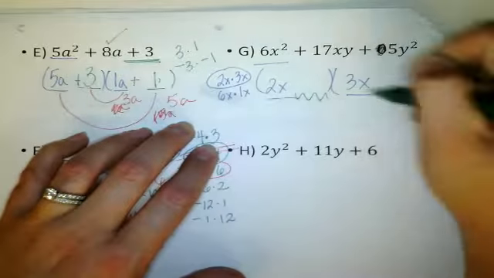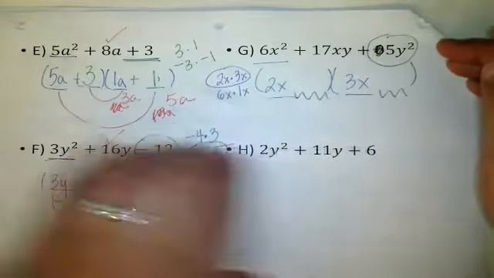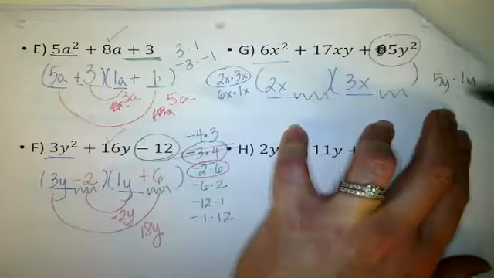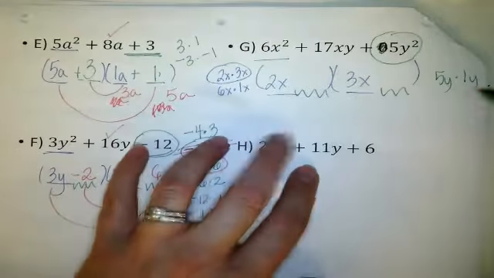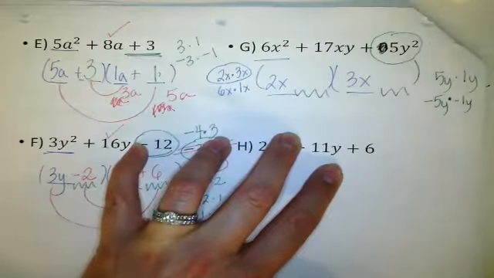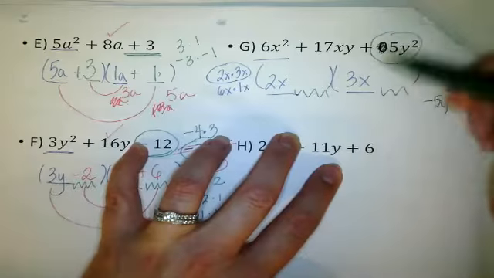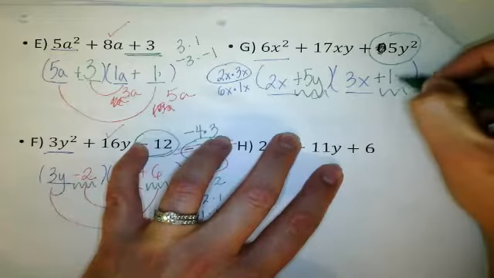And then last times last has to be positive 5y squared. What times what is positive 5y squared? 5y times 1y. That's it, right? Or negative 5y and negative 1y. True. Okay. So let's see. I'm going to put the positive 5y and positive 1y right there.